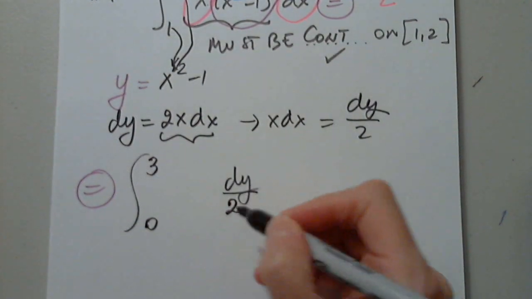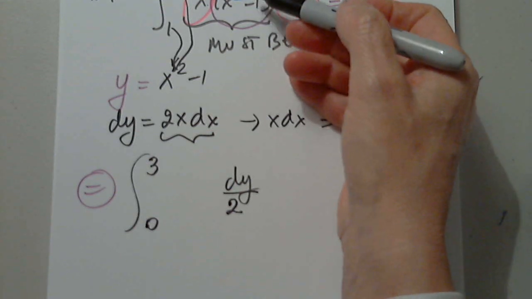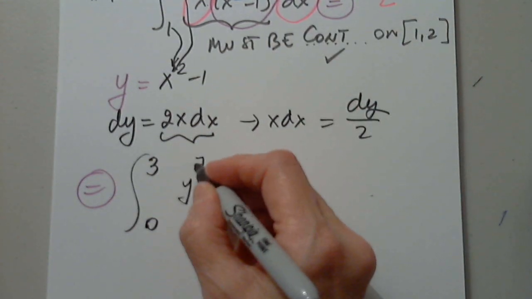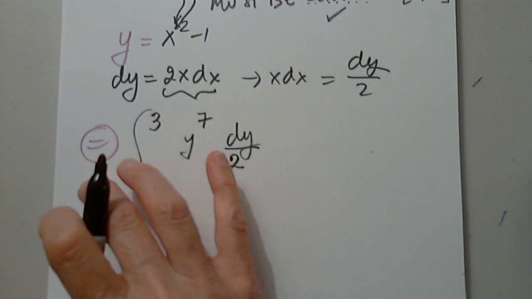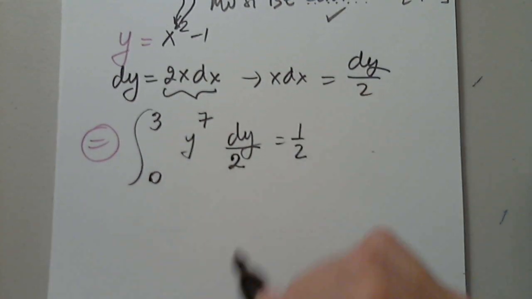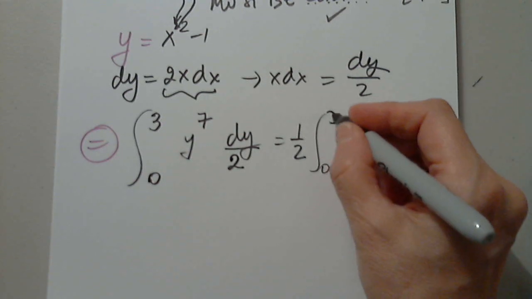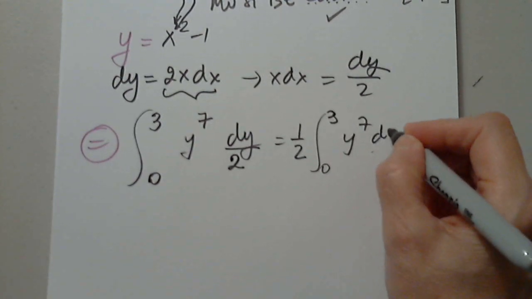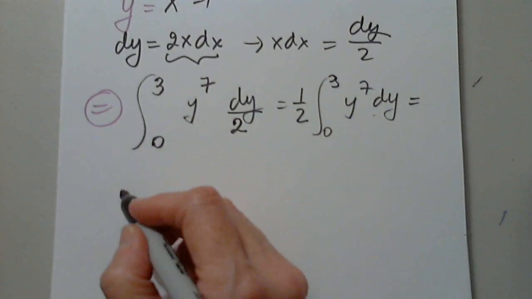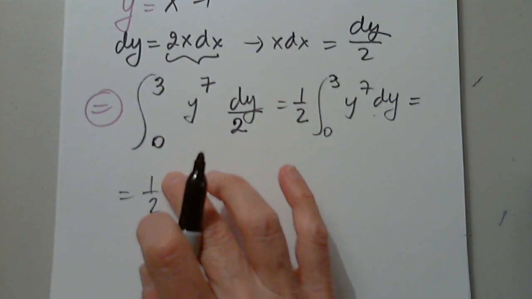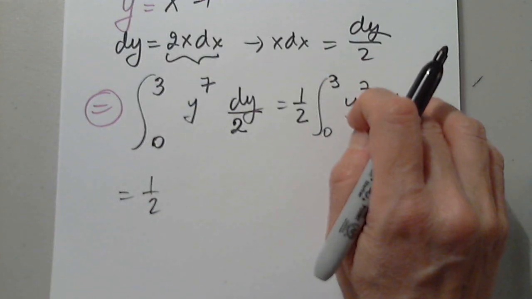Awesome. And we have this, which is y to the 7th. I move 1/2 outside, of course. And now let me write it one more time: 0 to 3, of y to the 7th dy. And now I have to ask myself which function I differentiate to get y to the 7th.